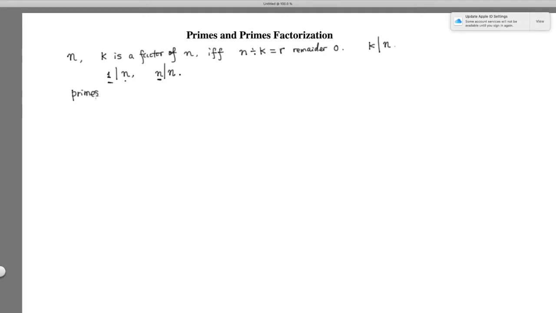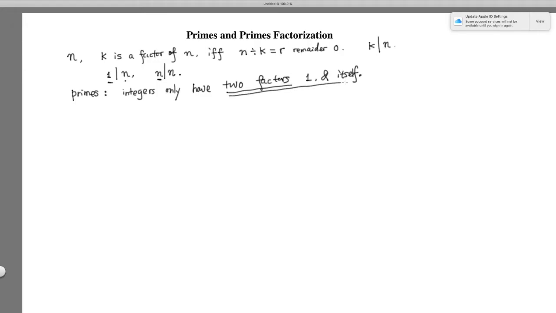Primes are numbers or integers that only have two factors: one and itself. We focus on the fact that there are two factors.